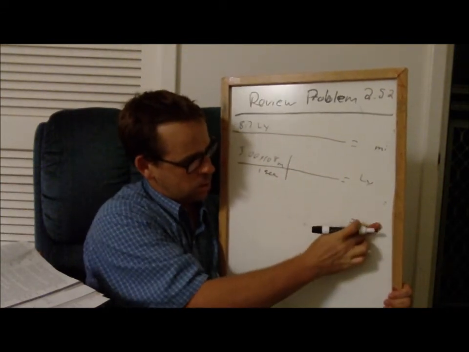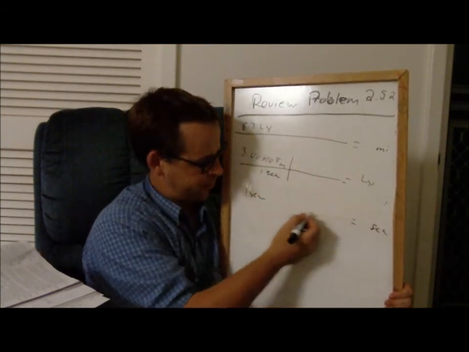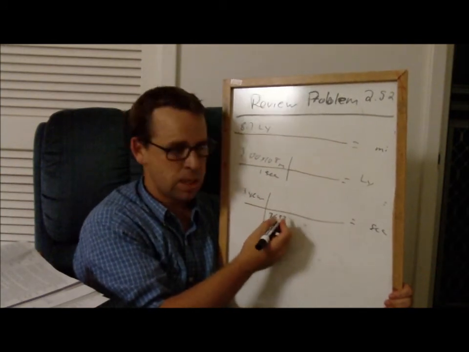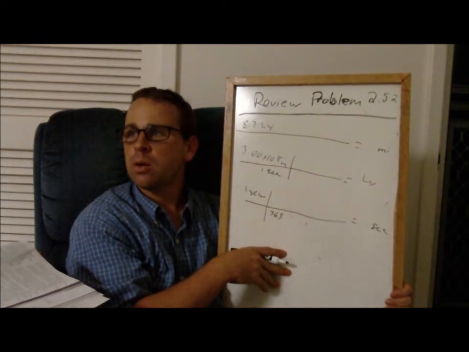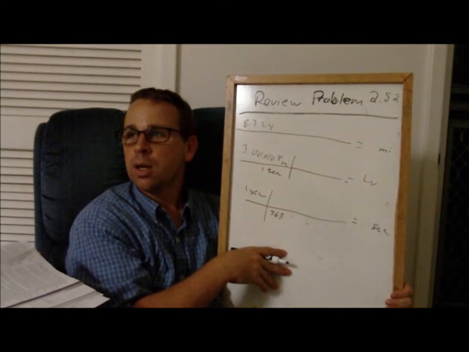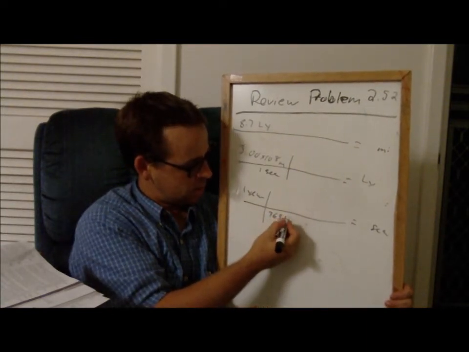Or if we have 1 year, start over here, 1 year, how many seconds are there? Alright, 1 year, there's 365 days. Is that close enough? How many days are there in a year, Mom? 365, but isn't it 365.25? Close enough. 365 days in a year.